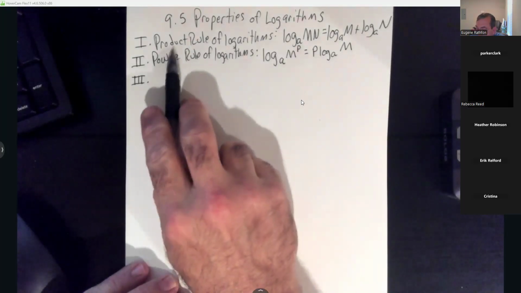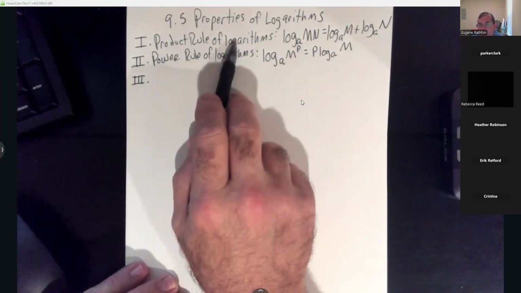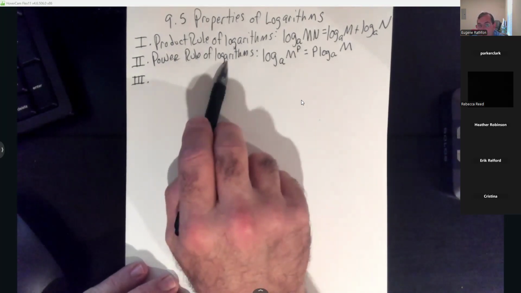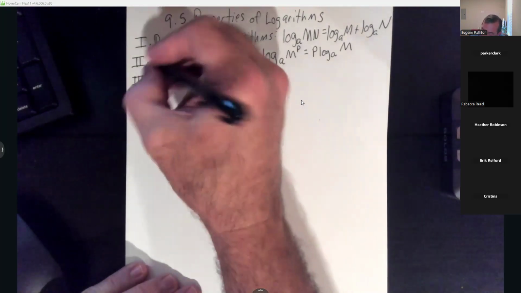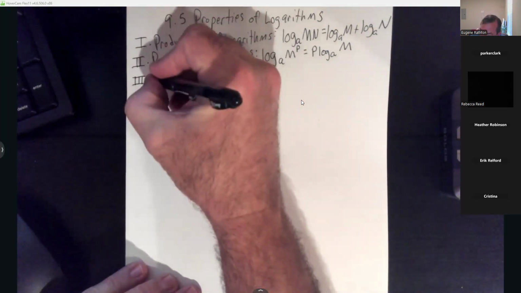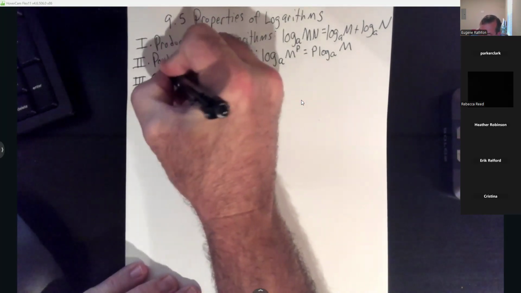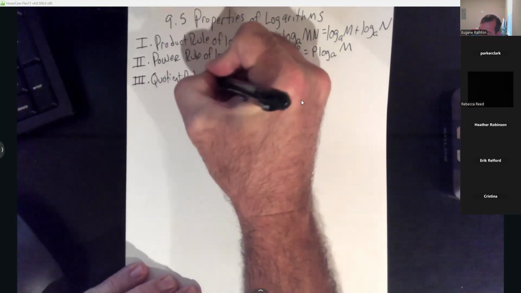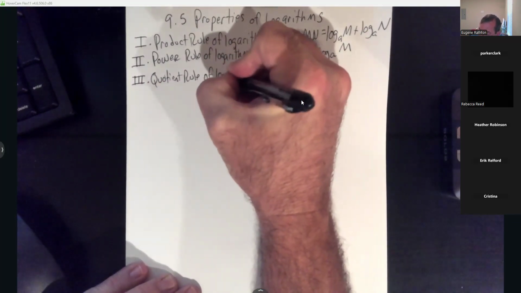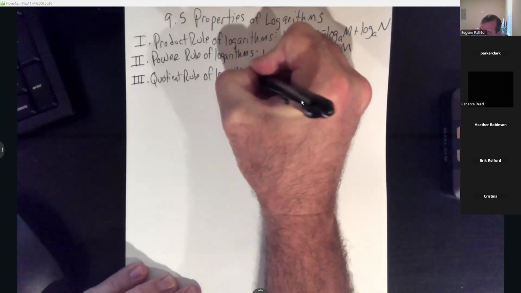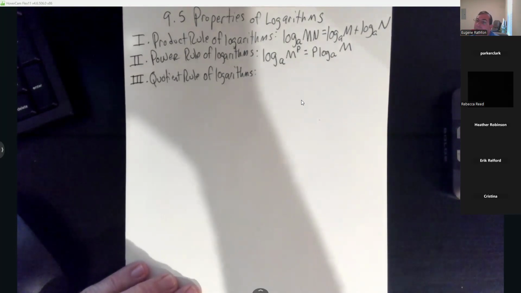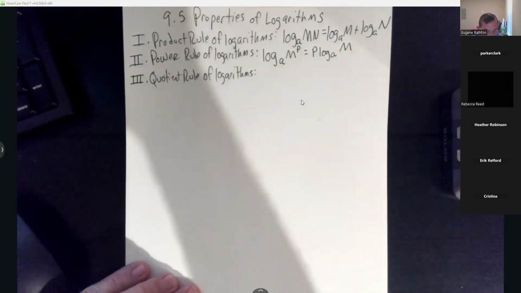All right, so this one would mirror the product rule of exponents. This one would mirror the power rule of exponents. And then we got one for logarithms called the quotient rule of logarithms. So this is when you got a log of a quotient, which means division.